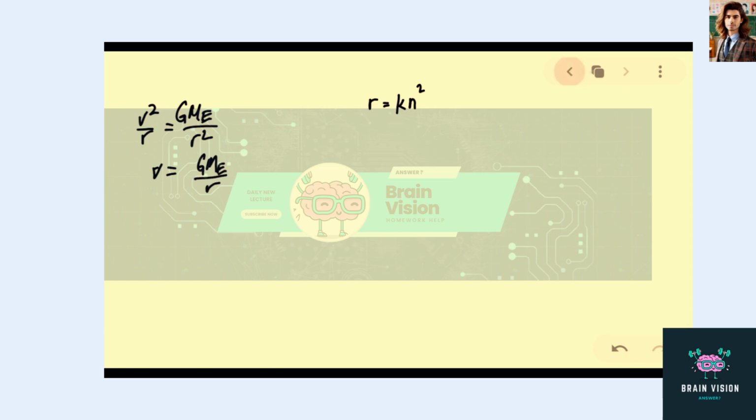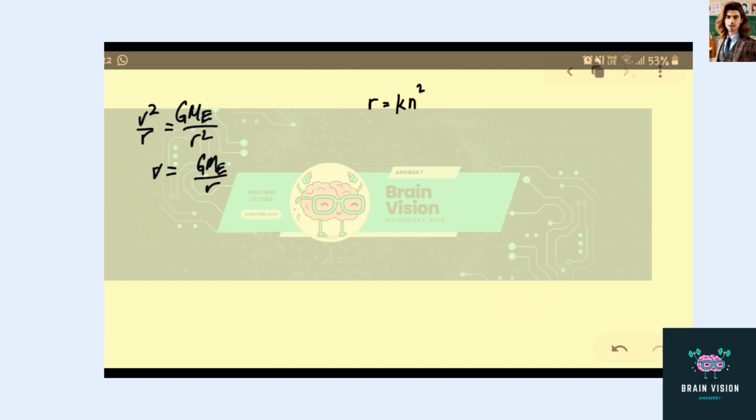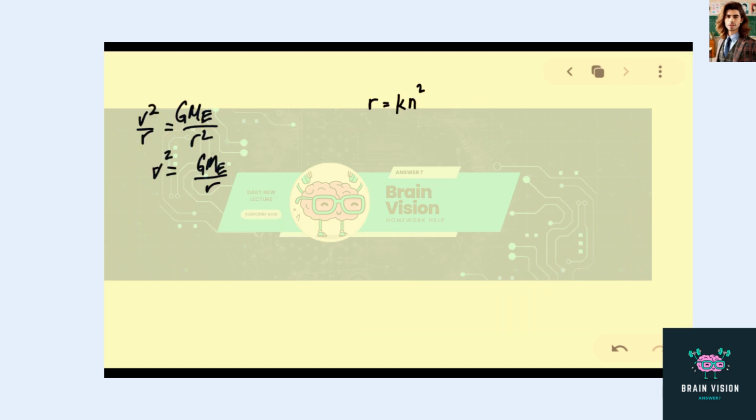Now, from our previous answer, we can simplify this a bit. v equals n h over 2 pi m r. Sorry, this is v squared. So n h over 2 pi m r, all squared, equals G M e over r.